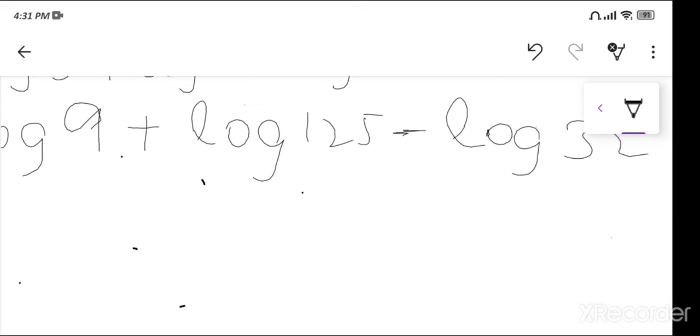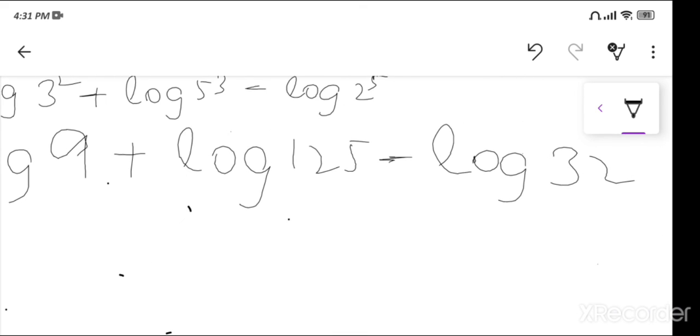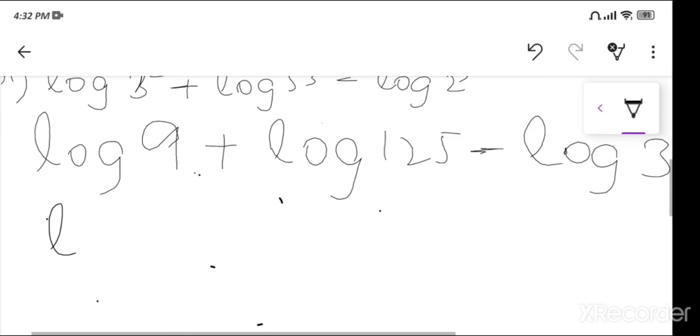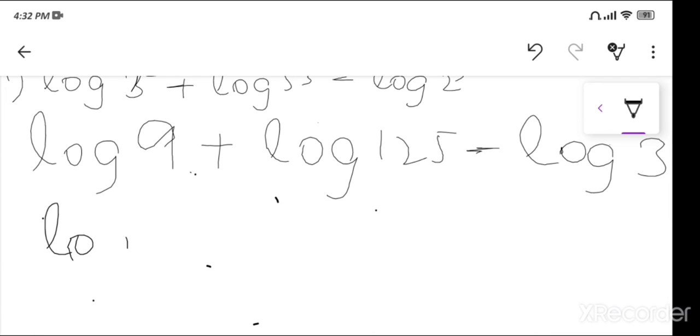Alright, now you can take the log as common for the terms with a plus in between. You can't do it with the minus one. I'm sorry, my screen is just jumping.